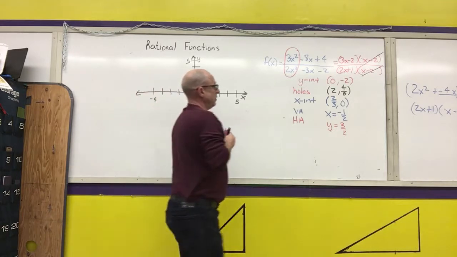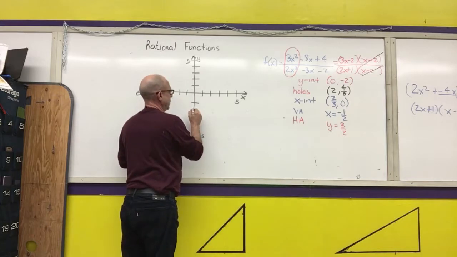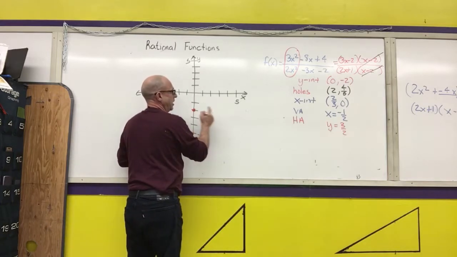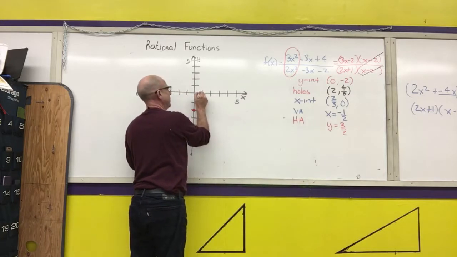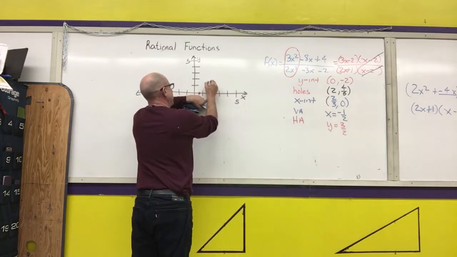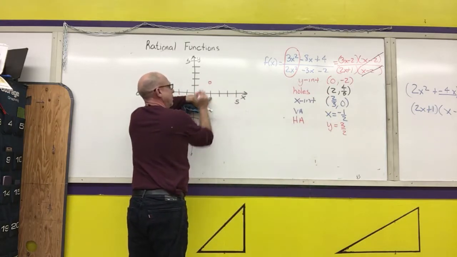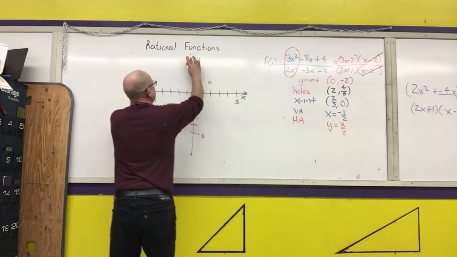Information I know. I have a y-intercept at 0, -2. I have an x-intercept at 2/3, comma 0. I have a hole at 2, 4/5, which is 1 1/5. I have a vertical asymptote at -1/2.